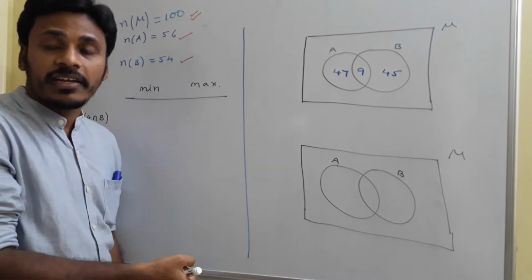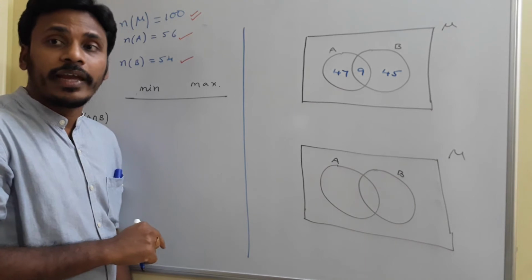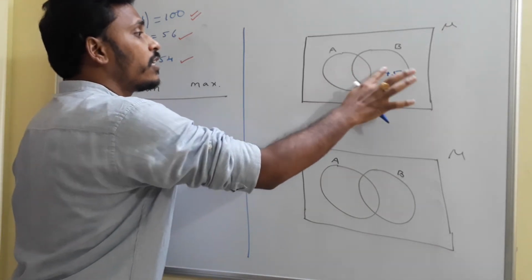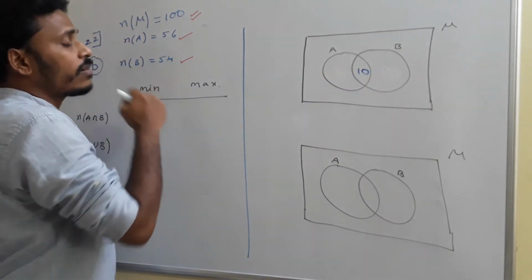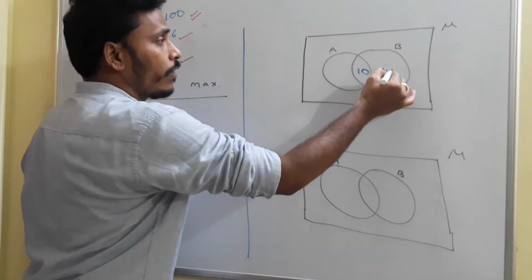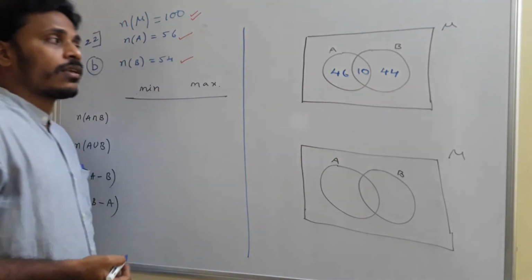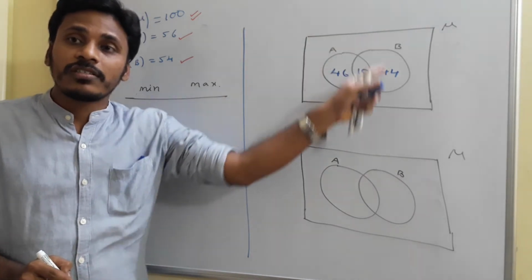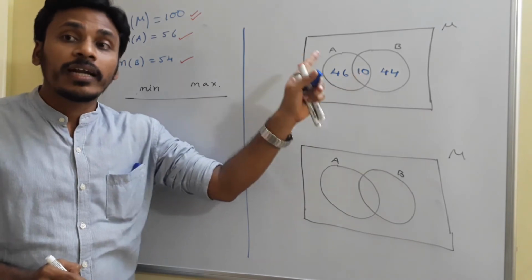Again it is exceeding, so 9 is also not a possible value for A intersection B. Now my intention is about 10. If I write 10 here, since the second set contains 54, now it is 44, and since it is 56, now it is 46. If you add everything, for sure the value is 100. So since the universal set contains 100, the minimum possible value is 10.